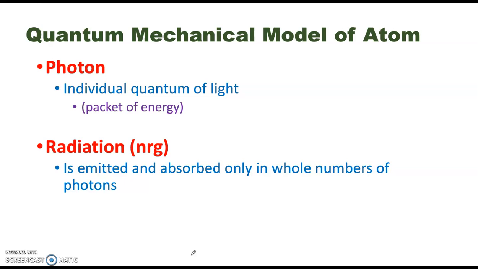You can't deliver a half of a photon. You can't deliver 1.5 photons. You can either deliver 1 or 0 photons, or 2 photons, 3, whole numbers only. You can't absorb a part of a photon. It's an all or nothing scenario.